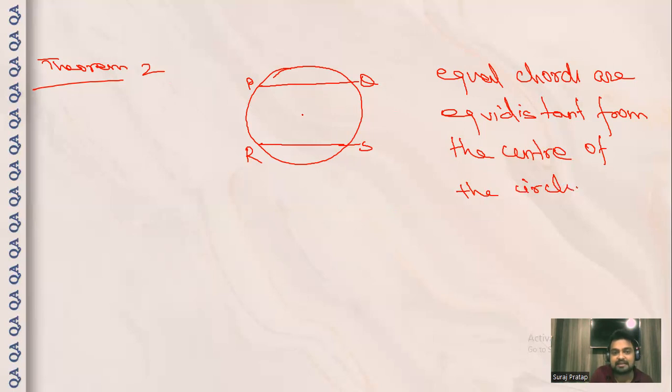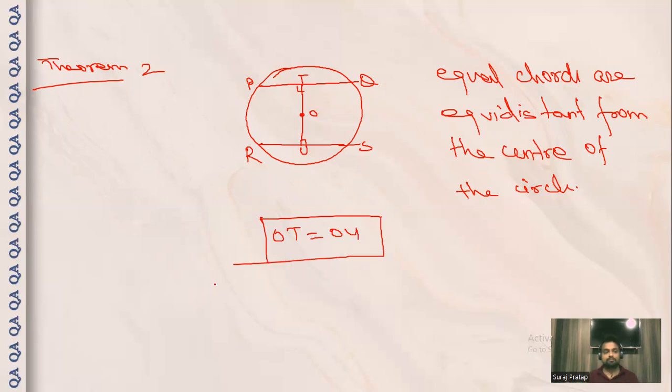That means, let's say this is O and it is the center of the circle, if we draw a perpendicular from here and this becomes T, and another perpendicular here, this becomes U, then I can say OT equals OU. So this is your theorem 2.